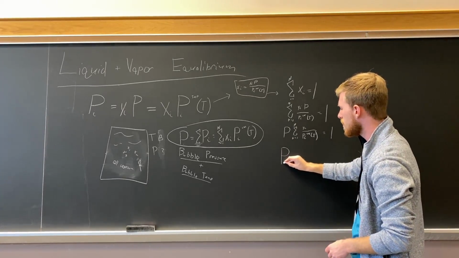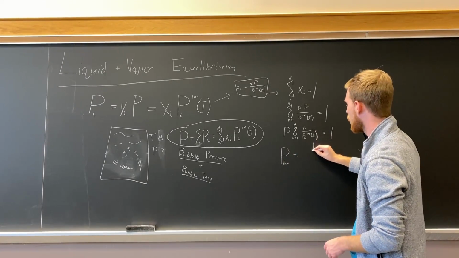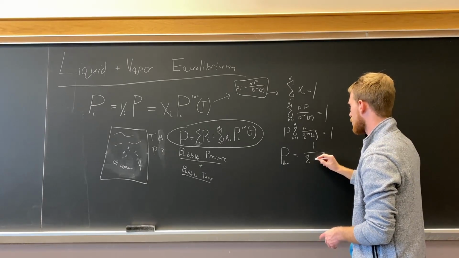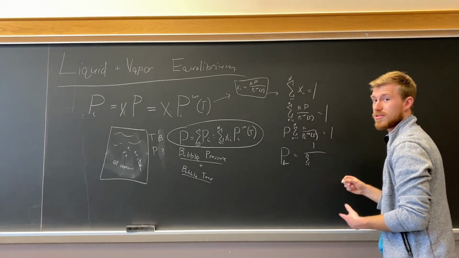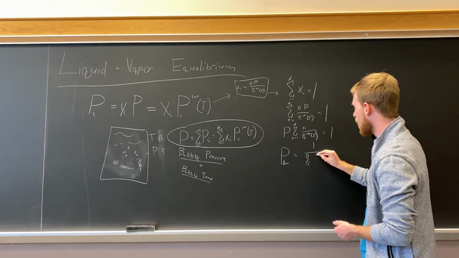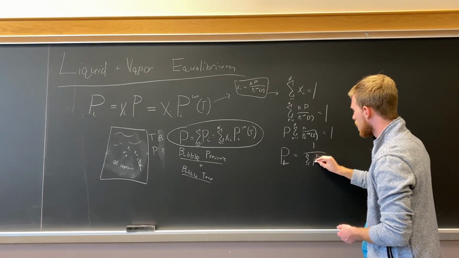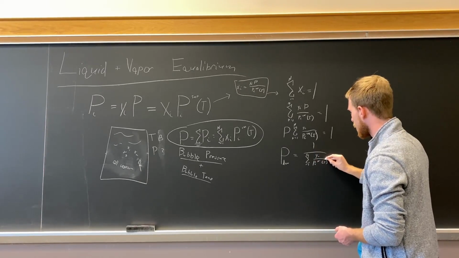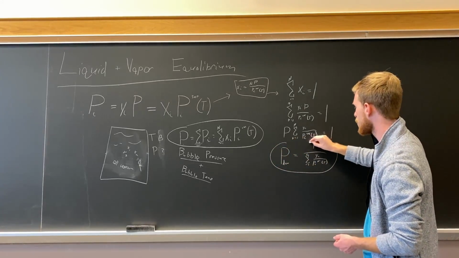So our P dew is equal to 1 over the sum from n equals 1 to N of the vapor mole fraction over the saturation pressure of each substance as a function of T. And this right here is our dew pressure.